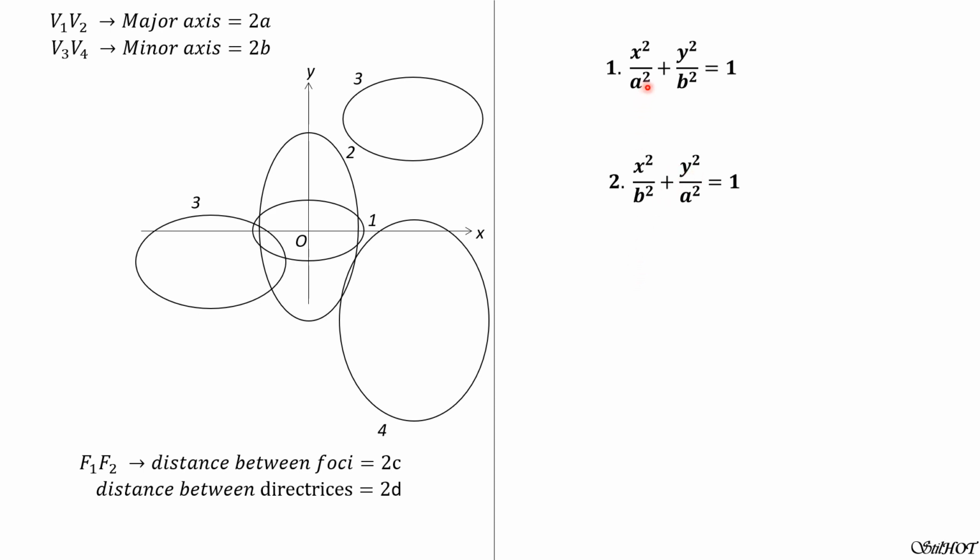And since the major axis is parallel to the x-axis, we just follow this equation. So x minus h quantity squared over a squared plus y minus k quantity squared over b squared equals 1. That's for ellipse number 3. And for ellipse number 4, we just follow this and replace x by x minus h, y by y minus k. So under x minus h quantity squared is b squared.